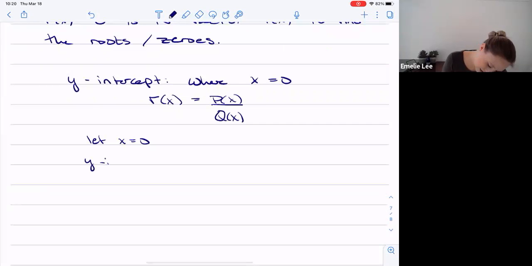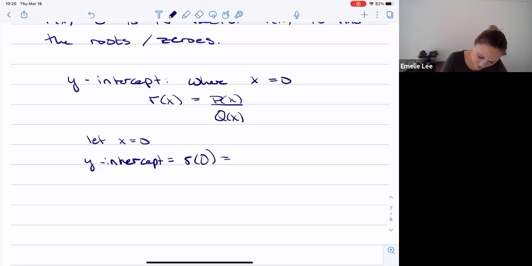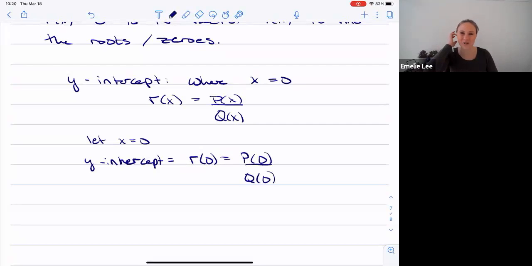Then the y-intercept is R of 0, which is P of 0 over Q of 0. All right, that's probably the easiest one to find. Where does it cross the y-axis? You can just let x be 0. So that's kind of the fun one that we saved for last.